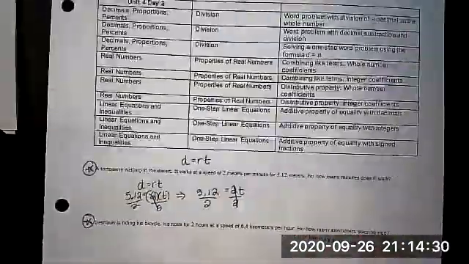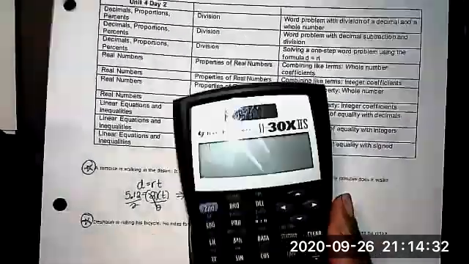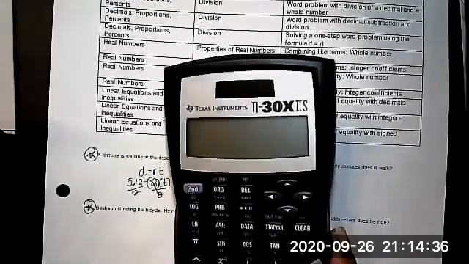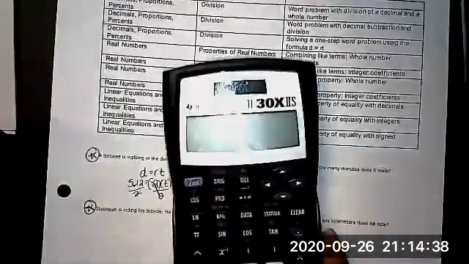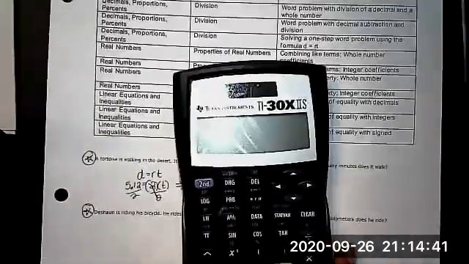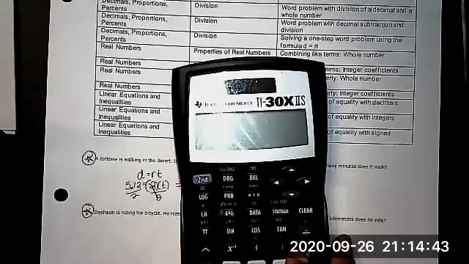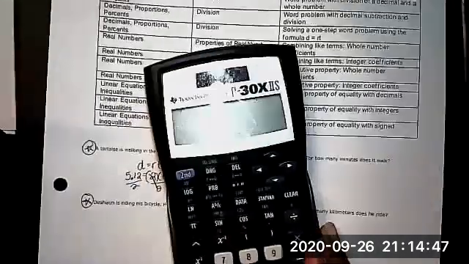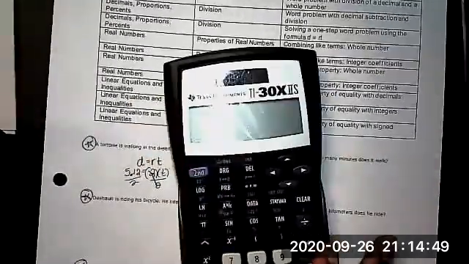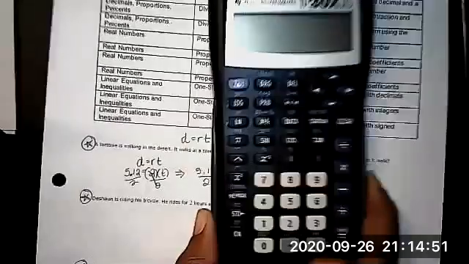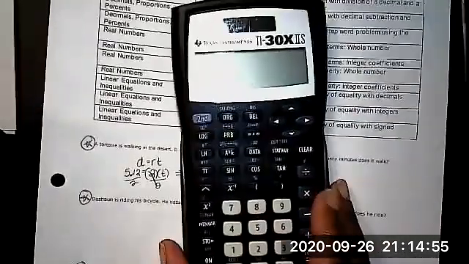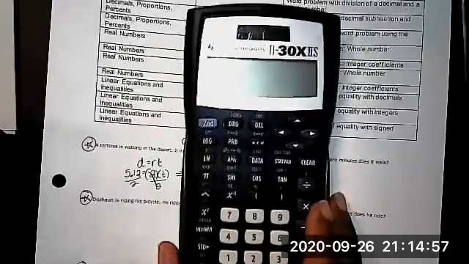And this handy dandy calculator, Texas Instruments TI-30X IIS, is very, very useful. You will need this for all the math going up to pre-calculus. Please purchase one of these. They are so useful. You will need it, I promise. It's $12 at Walmart, around that. And you will use it all the time.